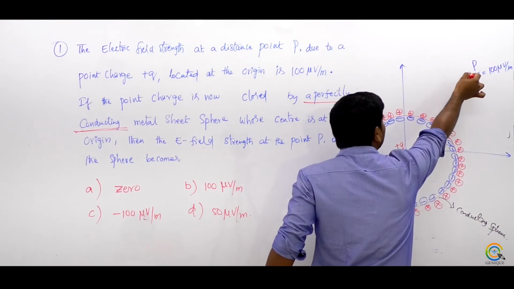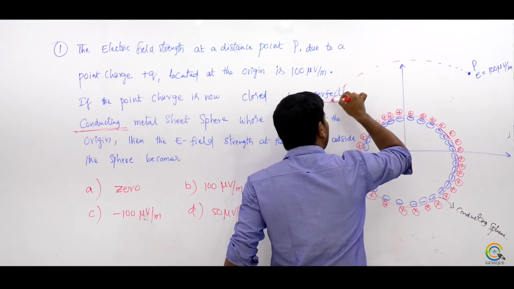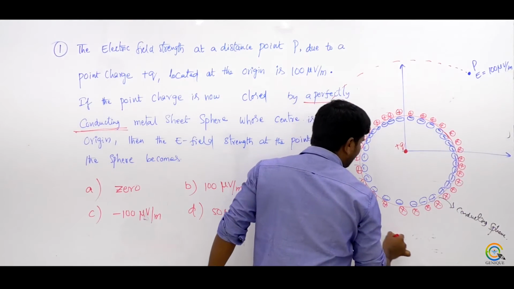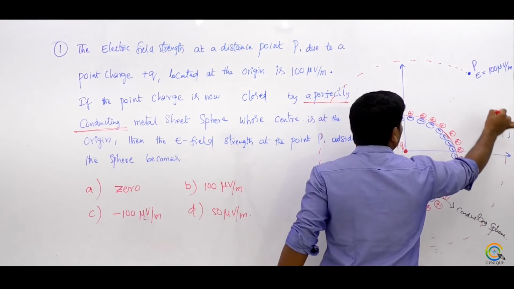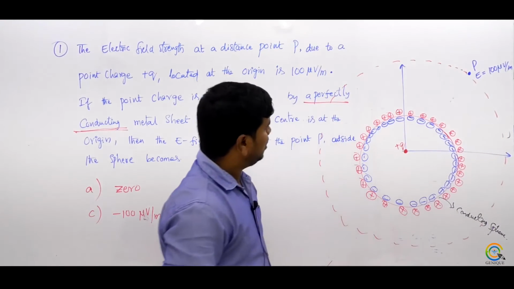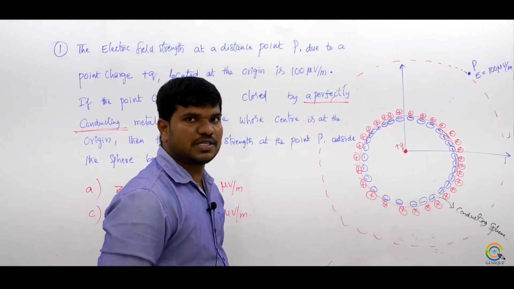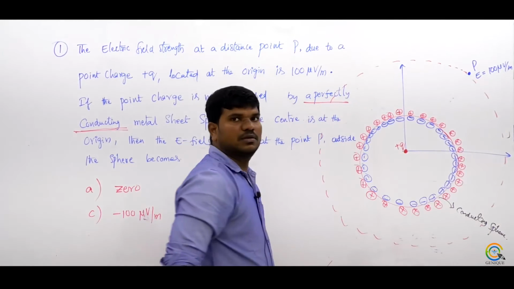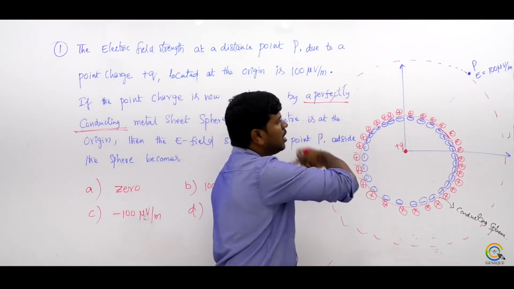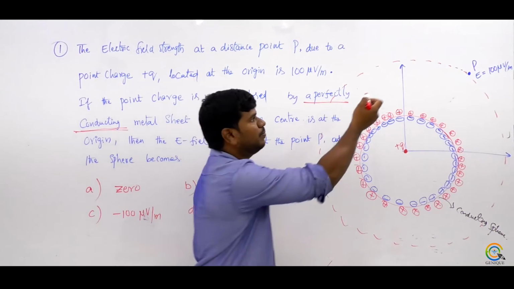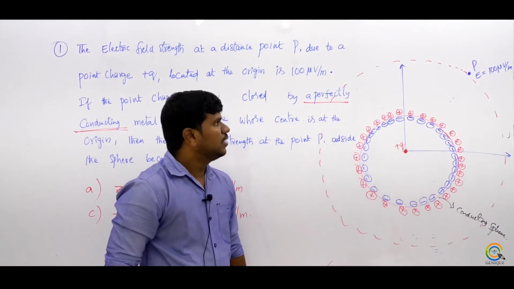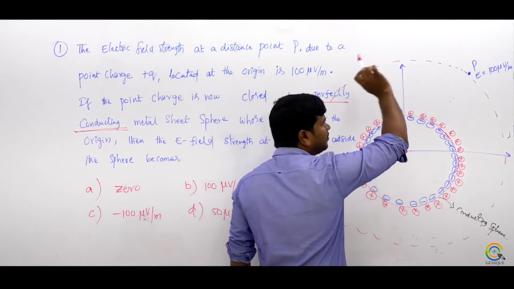If I apply the Gauss law, you have to consider one surface. A Gaussian surface has to be imagined outside the sphere, where the point P is located. So we have to assume this Gaussian sphere.